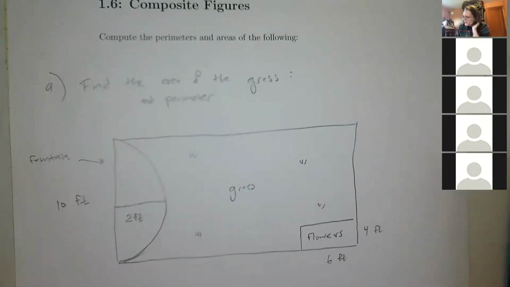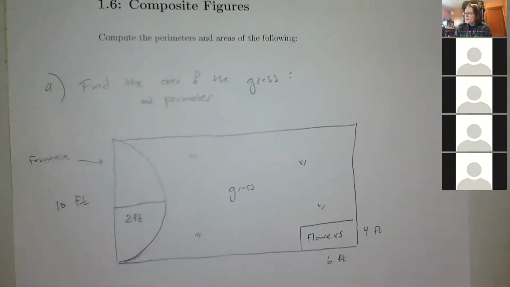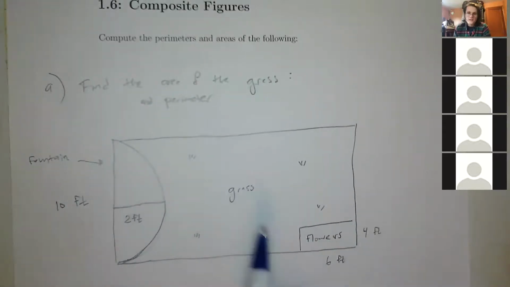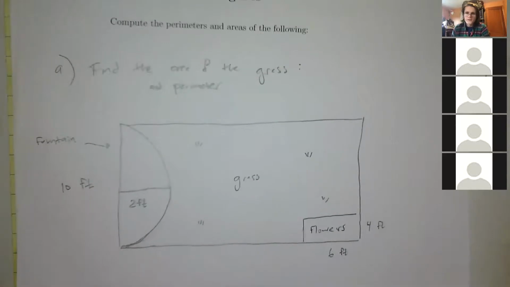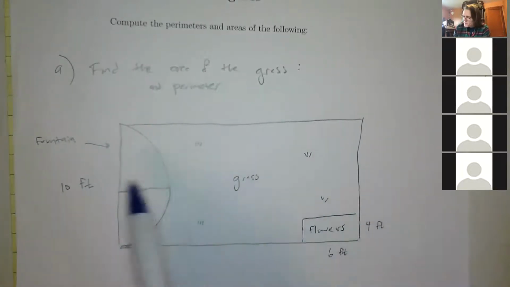So I apparently like examples involving grass. In this one, find the area and perimeter of this grassy area. In this situation, maybe it's a yard. Maybe you're designing your backyard, and for some reason, you have a massive fountain in the backyard of your house. And this is like half of it. Maybe it extends over here, or maybe it's a half-sphere fountain.